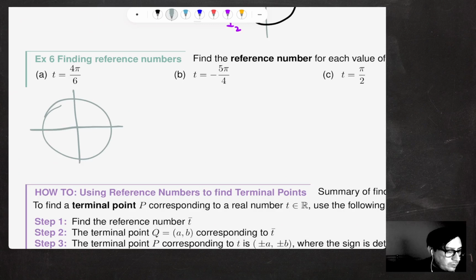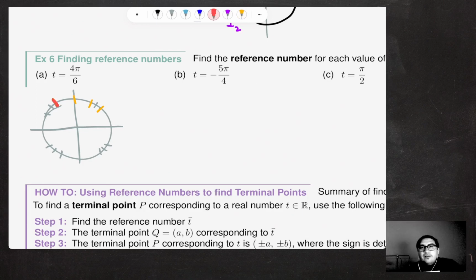Where would we end up? Let's do all the quick little whiskers for all of these. All right, so here's 1 pi over 6, 2 pi over 6, 3 pi over 6, 4 pi over 6 is right here. So let's label it in red. This is where we end up.